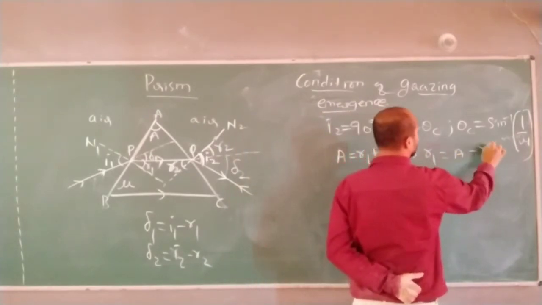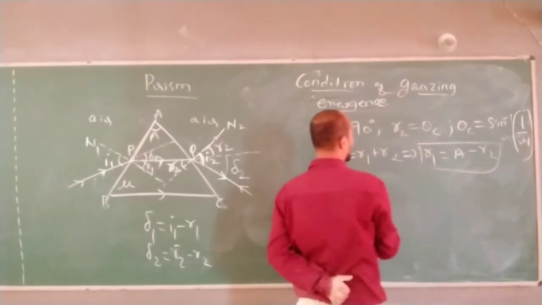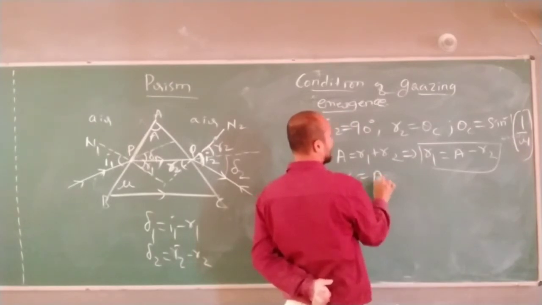Since R1 plus R2 equals A, this is one equation, or I can write R1 is A minus theta C.